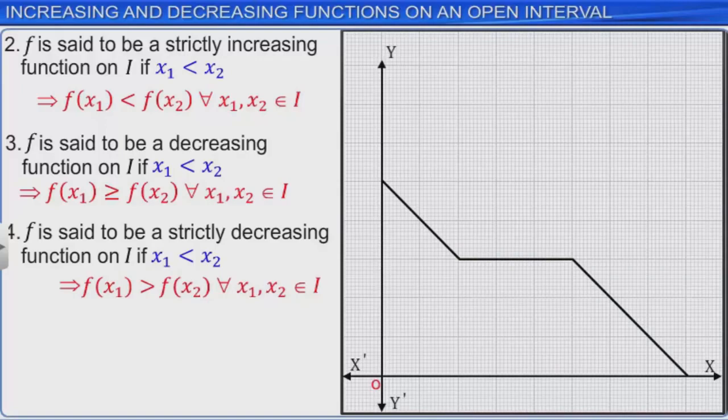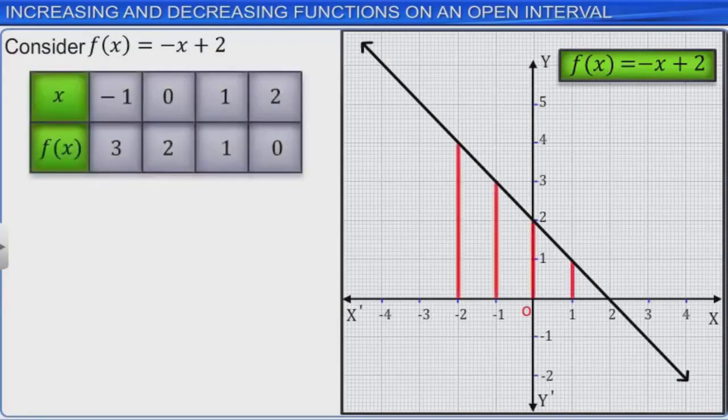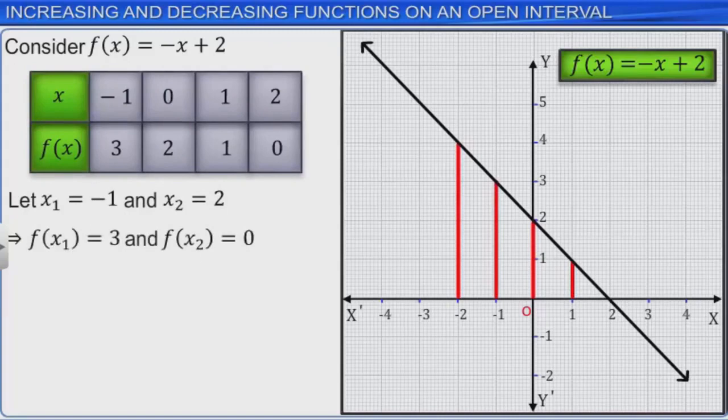Now, consider the function f of x is equal to minus x plus 2. The graph of the function is as shown. Observe that as the value of x increases from -1 to 2, the value of f of x decreases from 3 to 0.